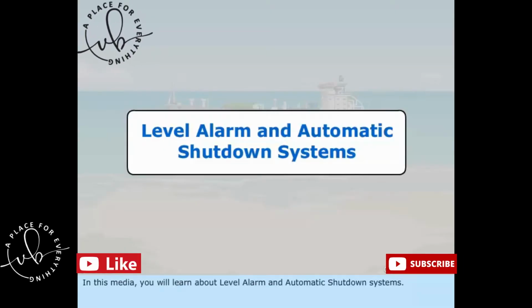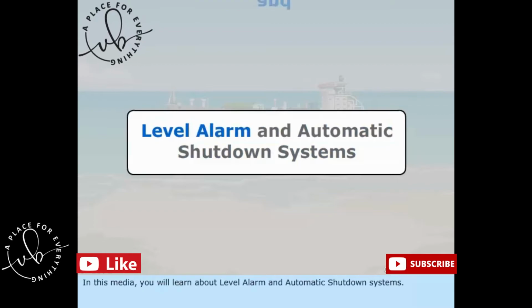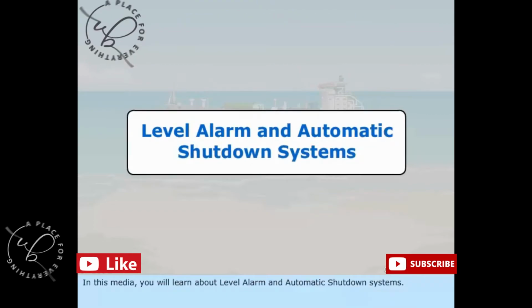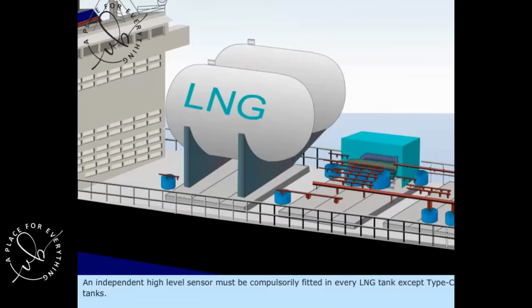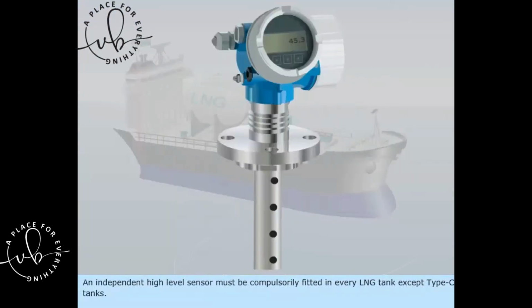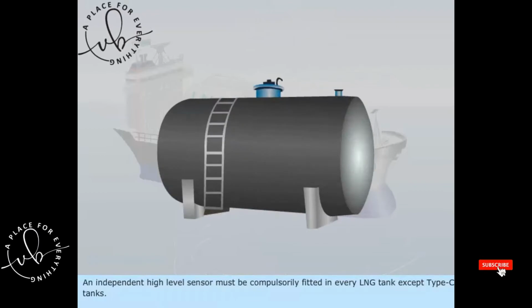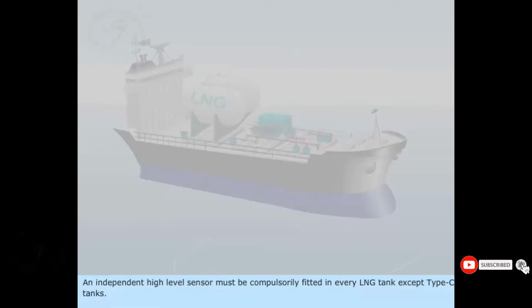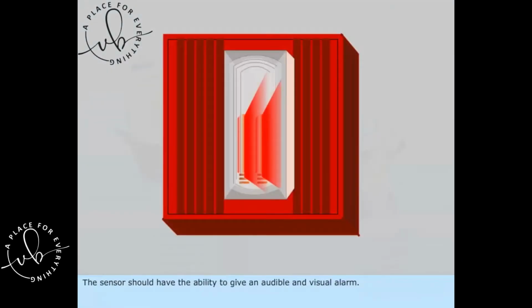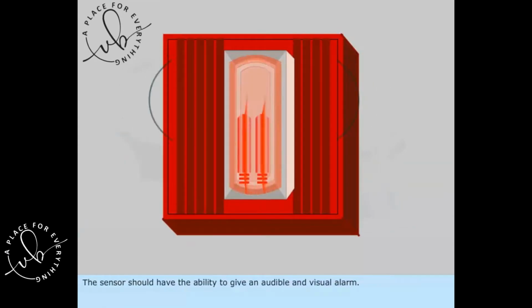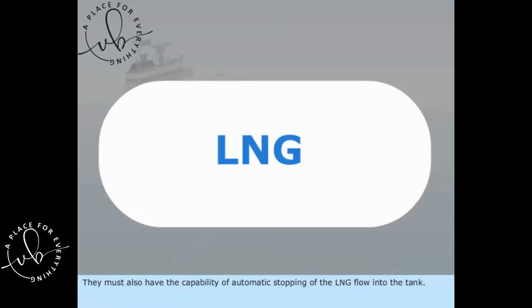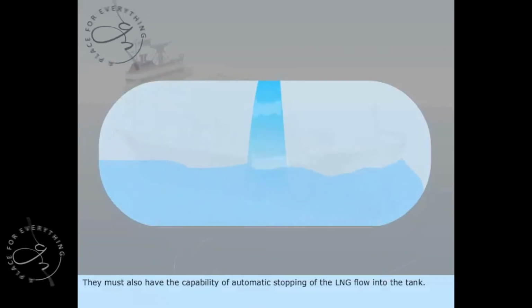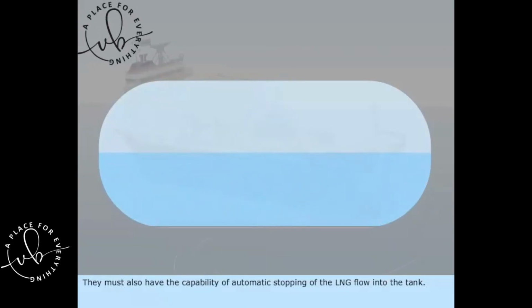In this media, you will learn about level alarm and automatic shutdown systems. An independent high-level sensor must be compulsorily fitted in every LNG tank except Type C tanks. The sensor should have the ability to give an audible and visual alarm. They must also have the capability of automatically stopping the LNG flow into the tank.